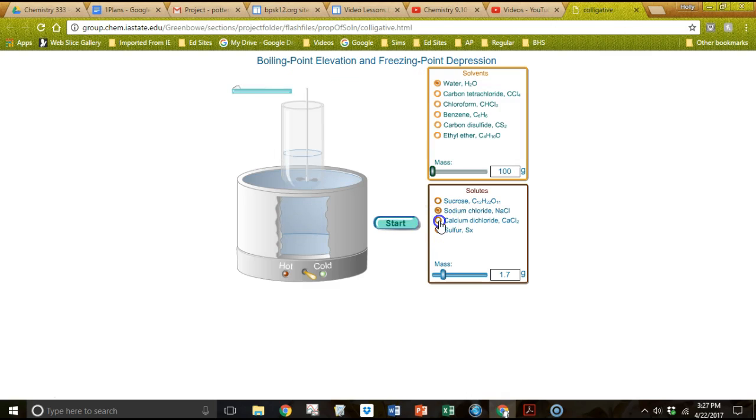And now we're going to go to calcium dichloride, 3.2 grams. There we go. Start with hot.